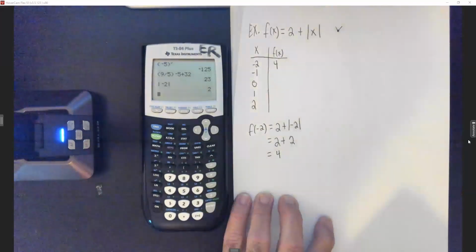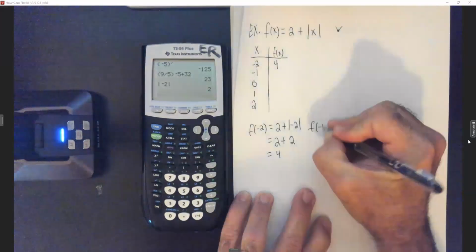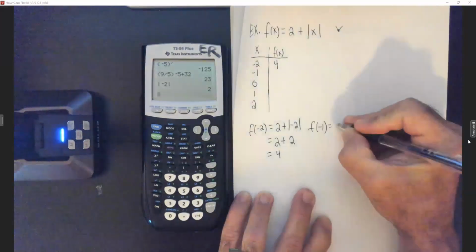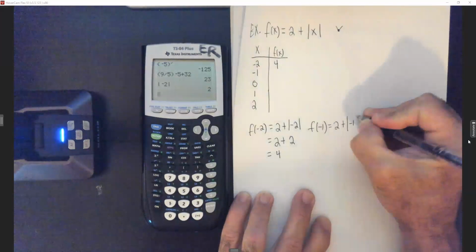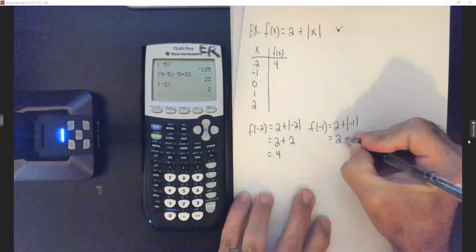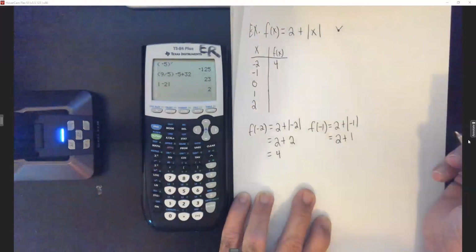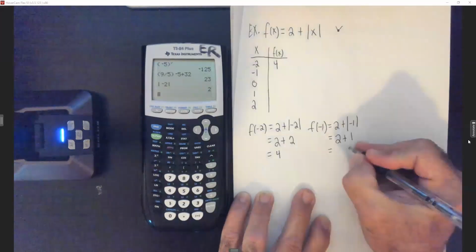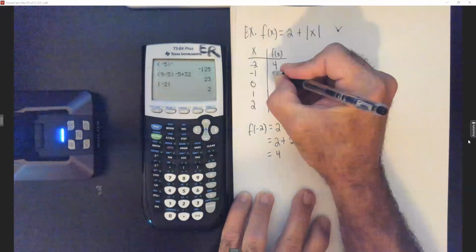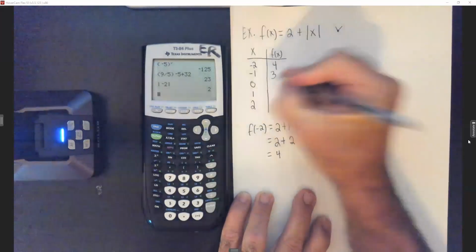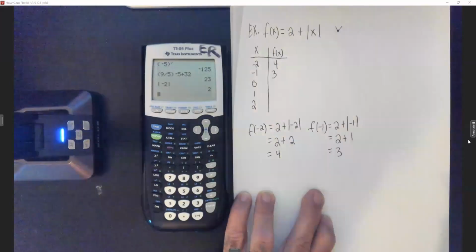So then I would put in a negative 1. That's going to equal 2 plus absolute value of negative 1. The absolute value of negative 1 is 1, and 2 plus 1 gives us 3. All right, then we've got f of 0.